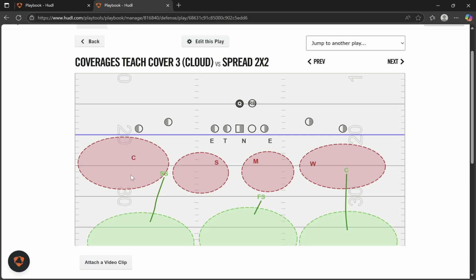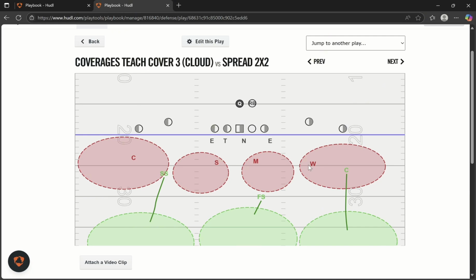That means our strong safety is going to be playing deep third, our free safety has deep third, and our other corner on the weak side has deep third. Our weak side linebacker now has curl to flat, so he's kind of playing in two zones here. There's a little bit more space he has to play in, and it's one of the disadvantages of this coverage.